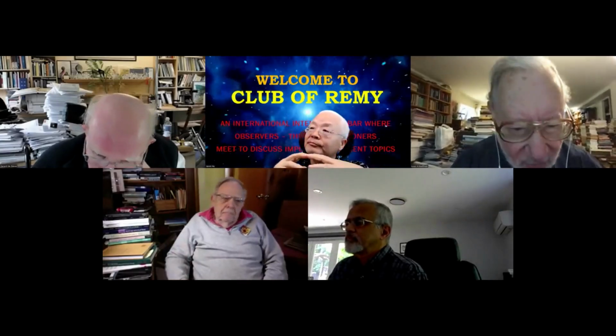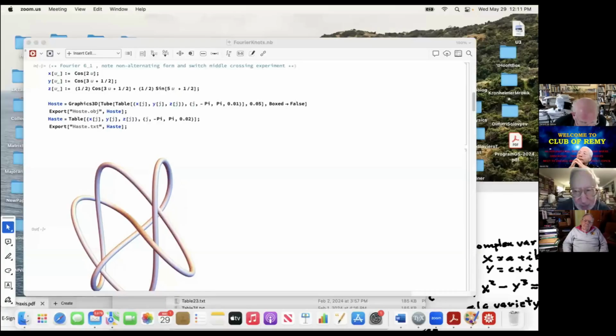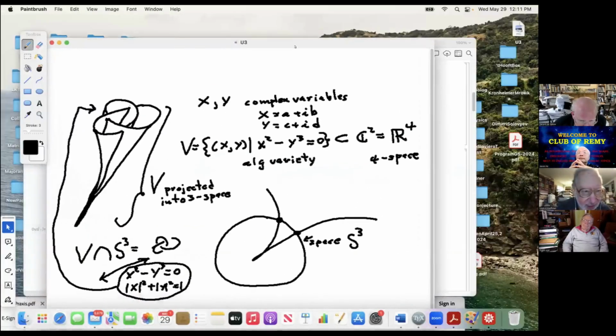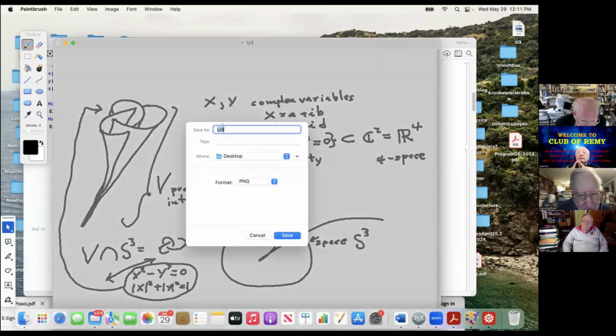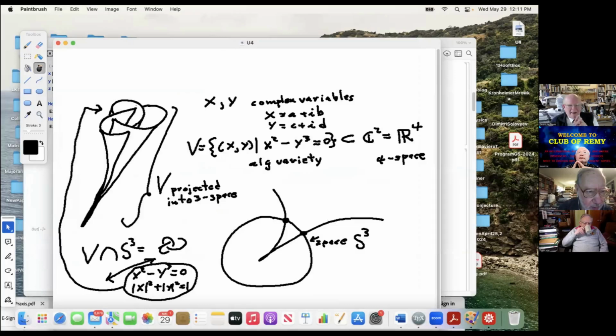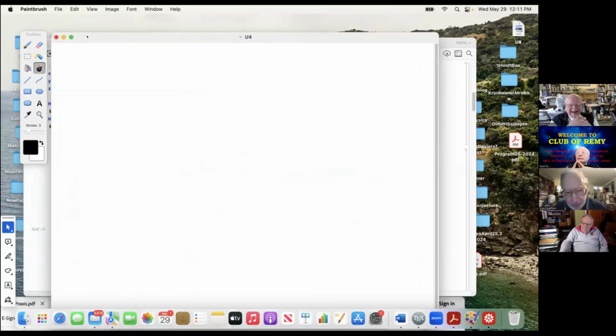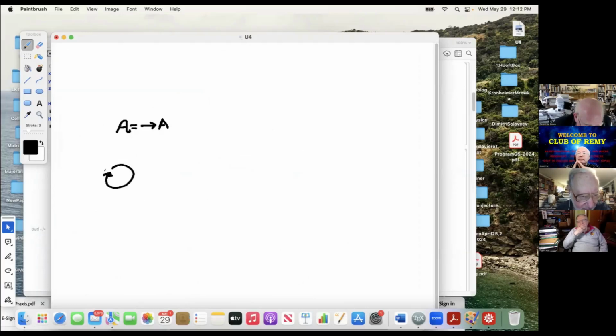I don't know if we have the time, but I just wanted to draw a picture, maybe. Just a second. This is just a symbolic picture, but if I start with a reflexivity like this, A is equal to an arrow pointing to A, all right? It's a reflexive equation like that, self-pointing.